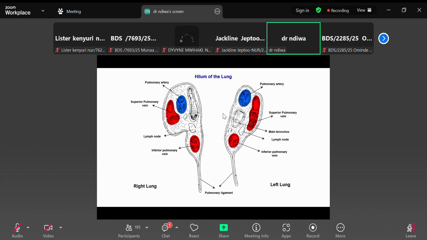However, you all know that pulmonary veins carry oxygenated blood while pulmonary arteries carry deoxygenated blood. And as we have said, when you look at it, the vein is usually inferior or slightly below the artery, and the bronchus is usually the most posterior structure within the hilum.